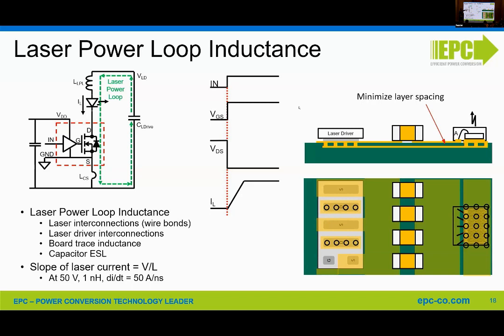So you can see both the top view and the side view of the power loop to minimize the power loop inductance. When you do a layout for a laser driver for lidar, this is where you start. Okay, this is the basic fundamental that you have to get right, and everything else has to go around this. Okay, this is where you start your design.